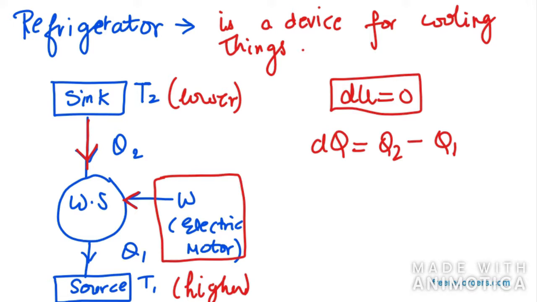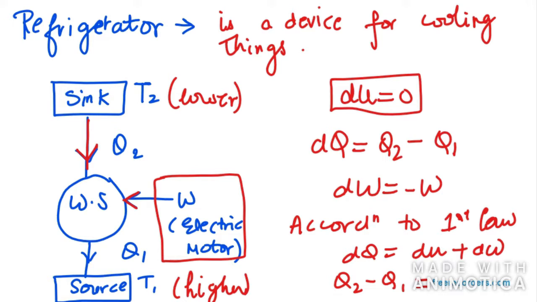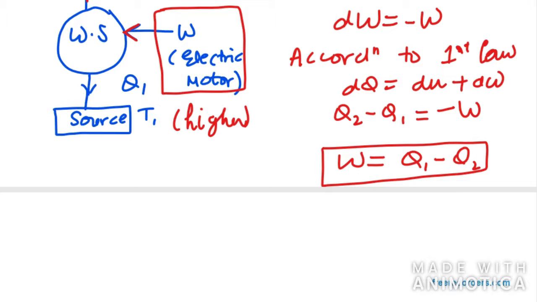So del W will be minus W. Now, according to the first law, del Q equals del U plus del W. So del Q in this case is Q2 minus Q1, del U is 0, del W is minus W. Rearranging these, W equals Q1 minus Q2. So the work done is the difference between Q1 and Q2.